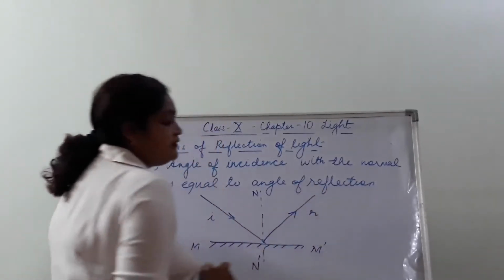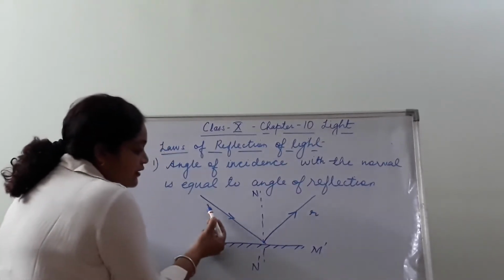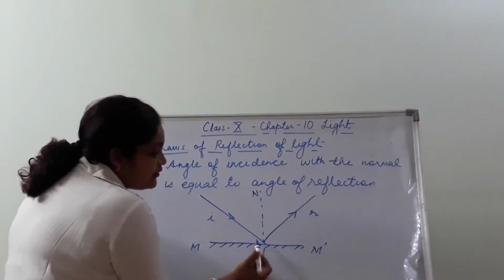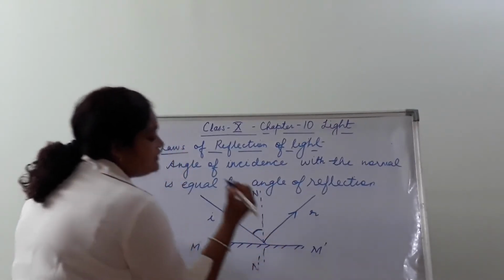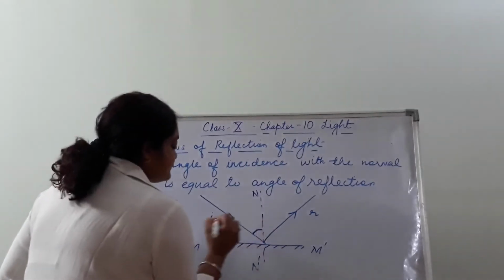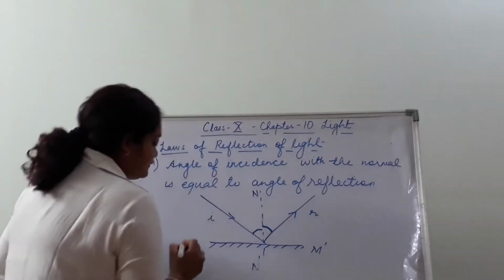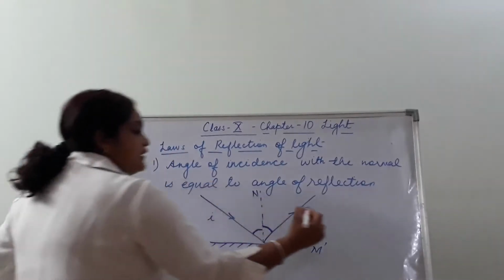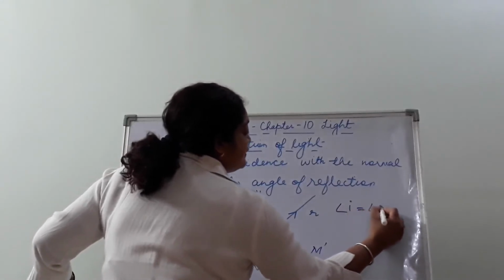This is the reflected ray R. So what is angle of incidence? Angle of incidence is the angle which the incident ray makes with the normal. This is angle of incidence, and this one is angle of reflection. So the first law says that angle I is equal to angle R.